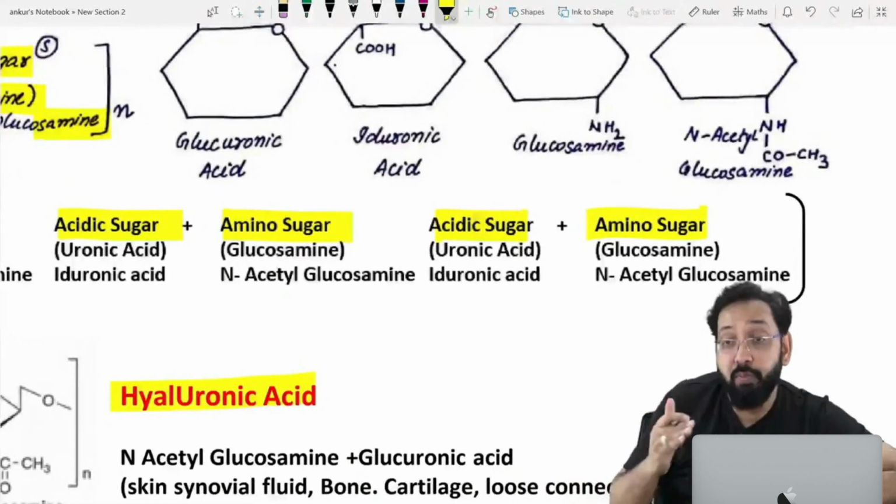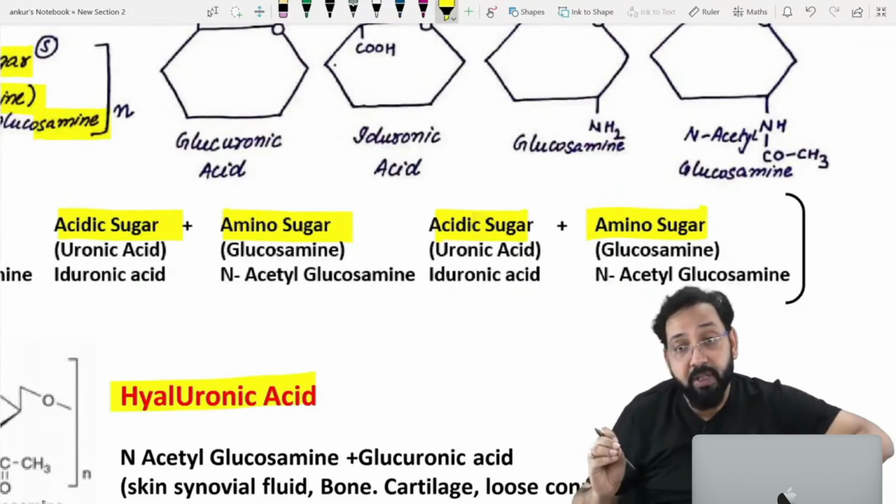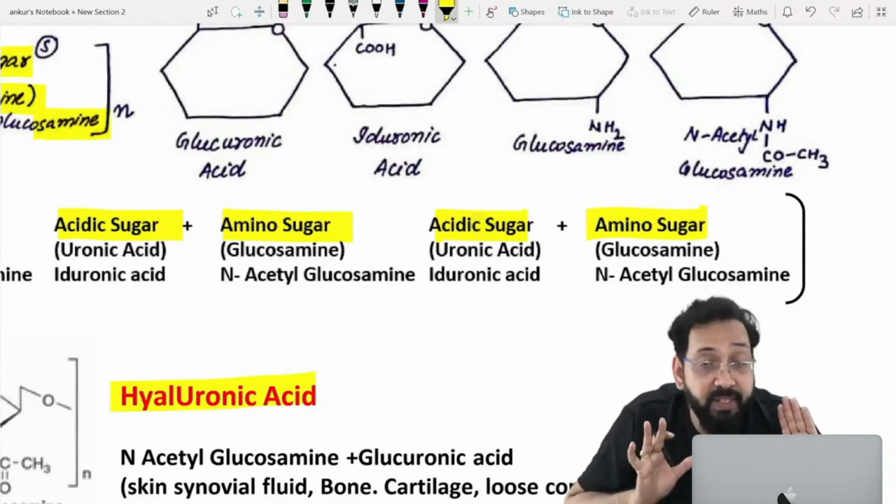This is heteropolysaccharide, means more than 1 type of sugar joined multiple times.